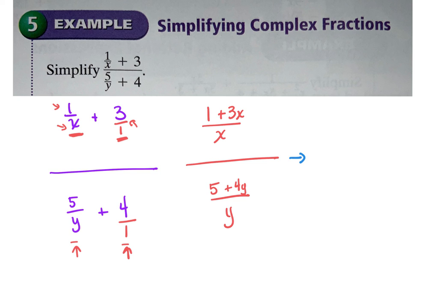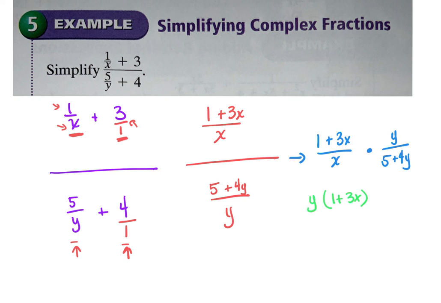I'm going to keep the top one, 1 plus 3x over x. I'm going to change it to multiplication, and then I'm going to flip the bottom one. It's going to be y over 5 plus 4y. Everybody see that? Then I'm just going to multiply across. So I'm going to say y times 1 plus 3x. That's my numerator.